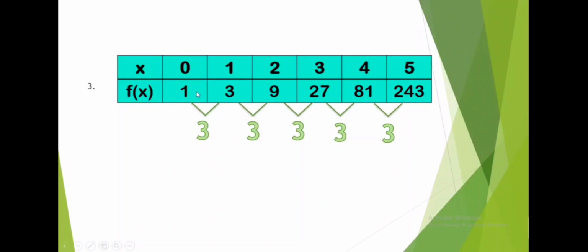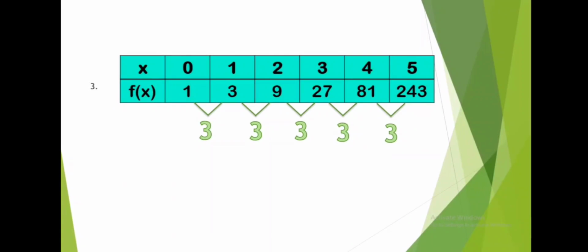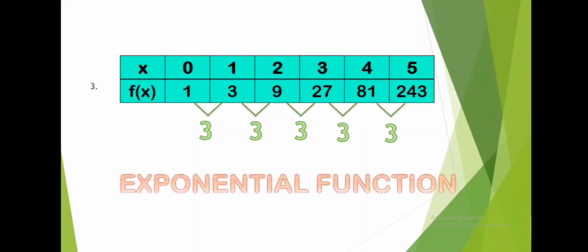So let us see. 1 times 3 is 3. 3 times 3 is 9. 9 times 3 is 27. 27 times 3 is 81. 81 times 3 is 243. Since this table of values have a common ratio, therefore, it is an exponential function.